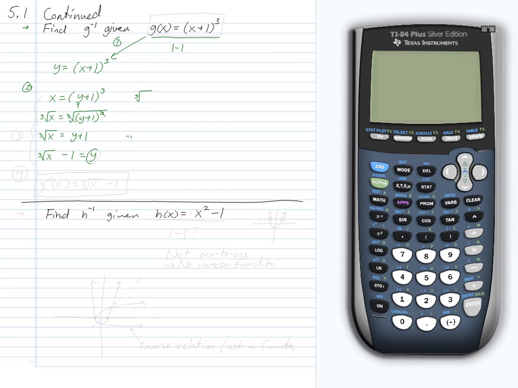And now we're done. This y is our inverse function, so we'll rename it. And we will call it, in this case, g inverse of x. And that's our inverse function.